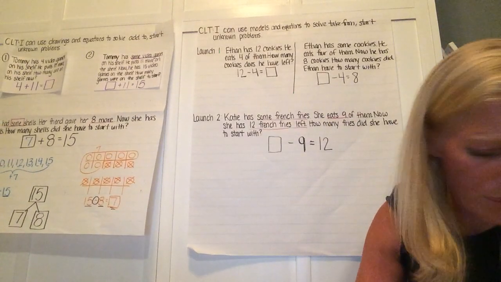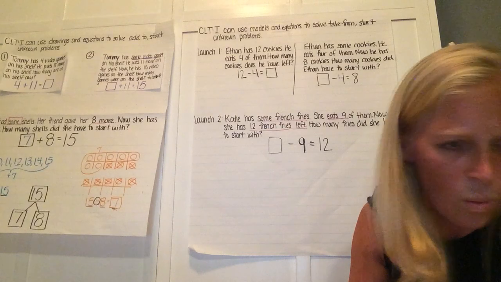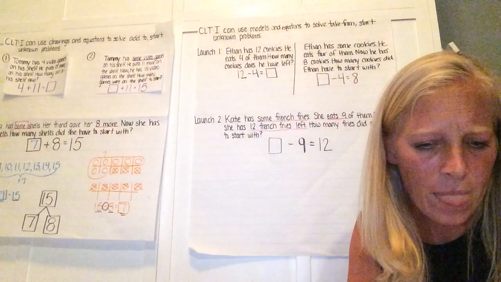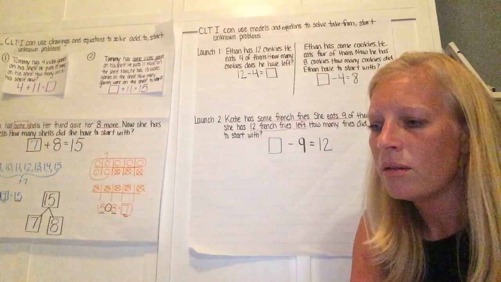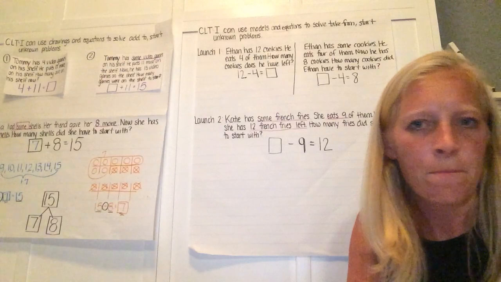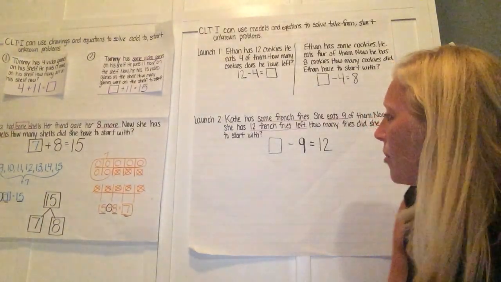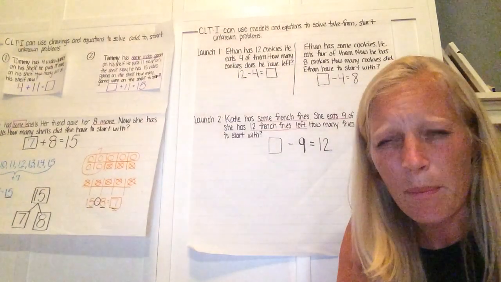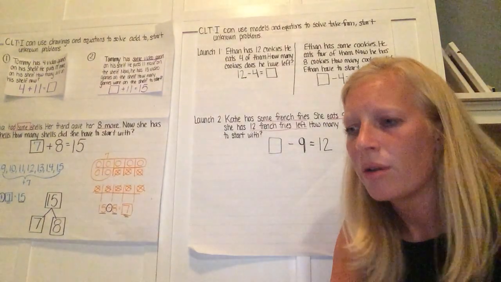Where are you starting? Why are you starting with that? How do you know how many to add on to that? Is the number that's going here going to be bigger than 12 or smaller than 12?